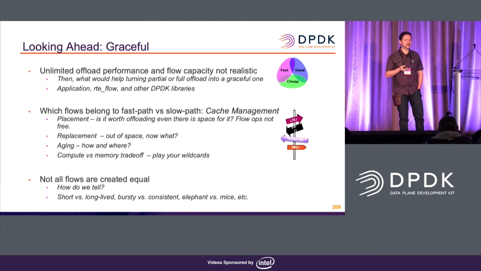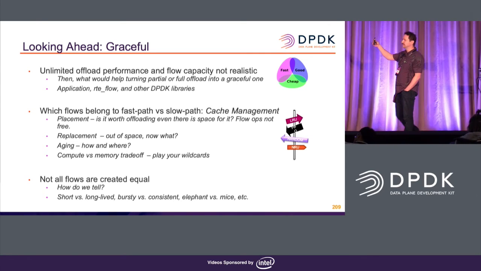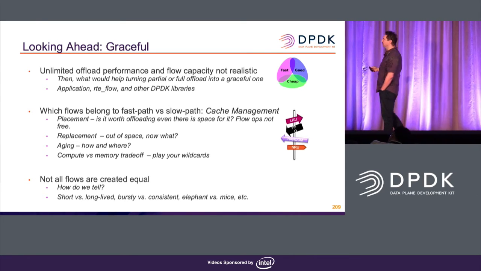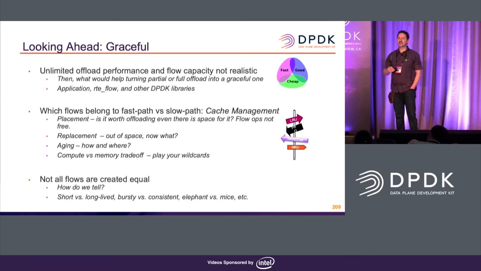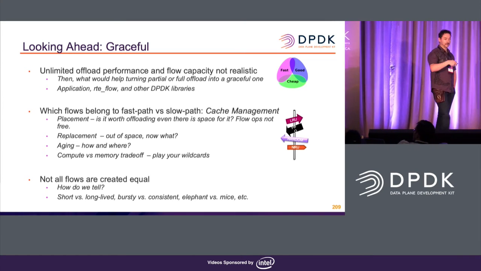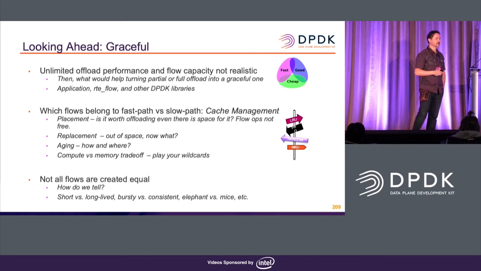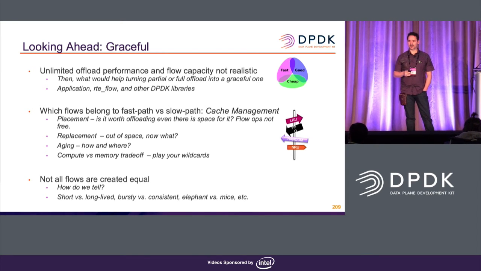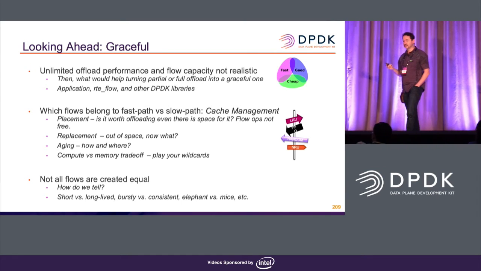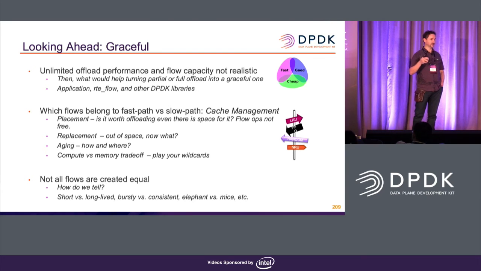Because like I mentioned, there's some cost associated with it. If you received a packet, resolved the flow, and just put it right down there blindly, and you will only see 2 more packets belonging to that flow later on, was that worth it? The CPU cycles you spent on actually offloading it probably would have been good enough to process those remaining 2 packets, right? And I know for some commercial deployments, people have chosen to hold off on installing rules until they've seen a certain number of packets on a given flow.